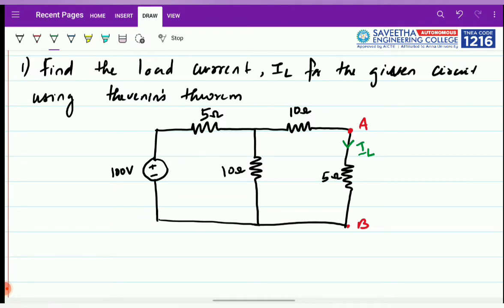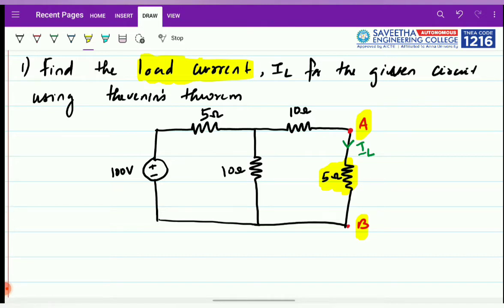So they have said we need to find the load current. So always in the problem, the load will be given by any terminals marked as A and B. Any terminal which is marked as A and B is considered to be the load terminals, and the resistance which is connected to that terminal is taken as the load resistance. So of course the current flowing through that branch is taken as the load current.